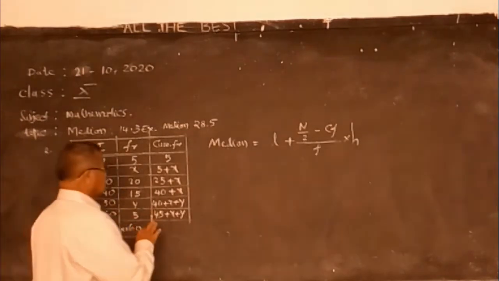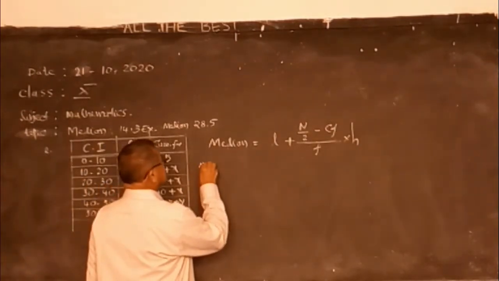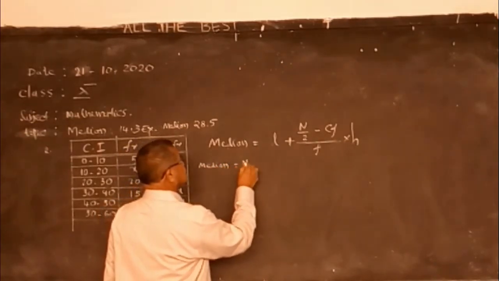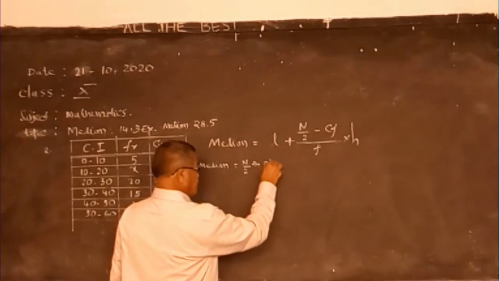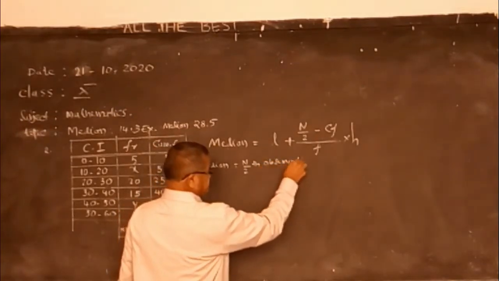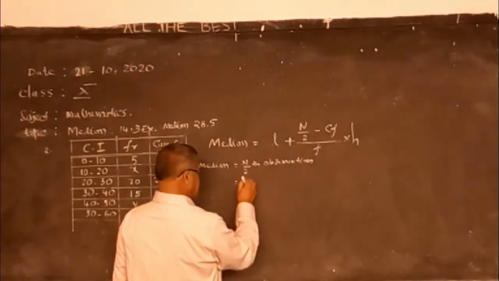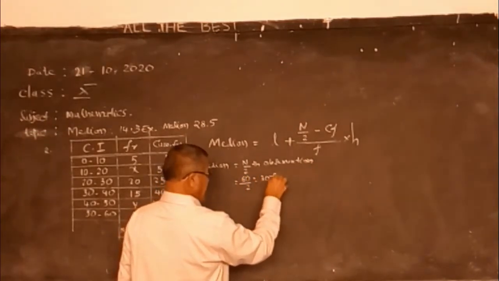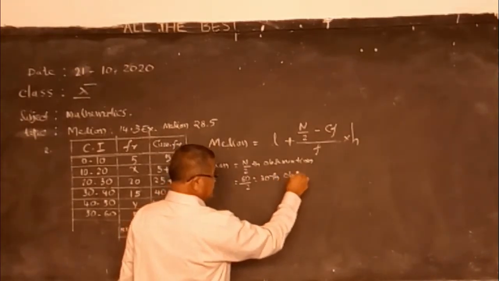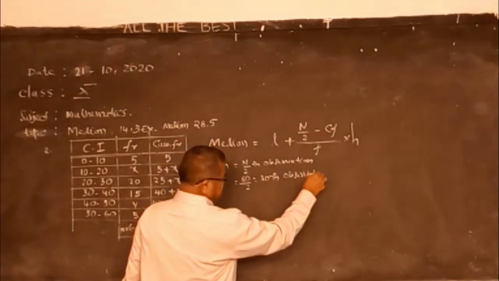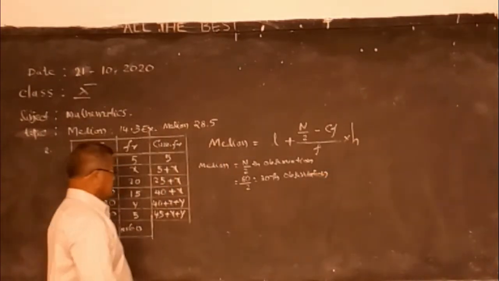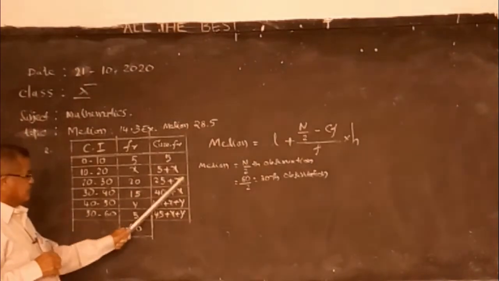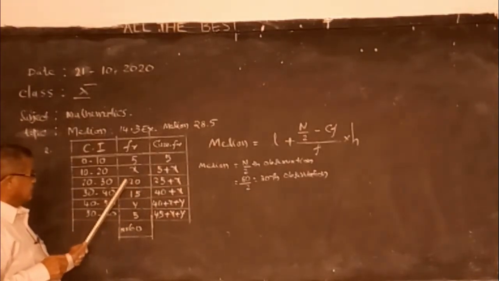Now write down. So what is the median here? According to the definition, it is the N by 2 th observation. So what is N here? 60 given, by 2, the 30th observation. The 30th observation is coming in this 25 plus x. This has the highest frequency, 20.